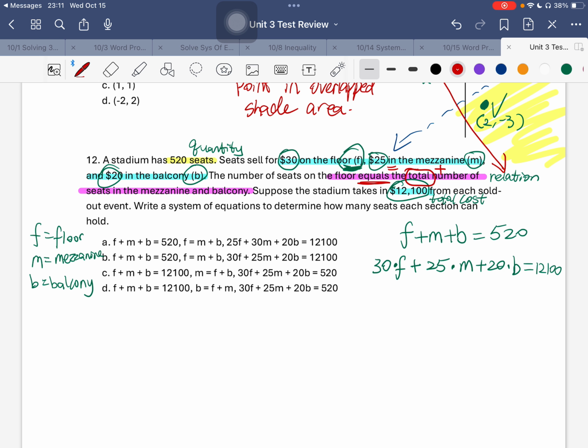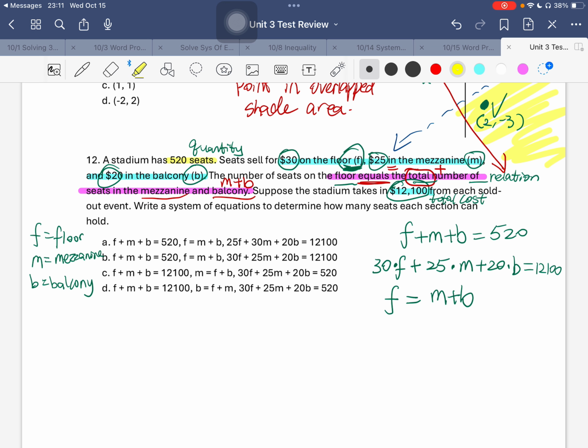Total number of M and B. I know total is plus, so it's just M plus B. And we write it the way we read it. It's F equals total of M and B, which is M plus B.